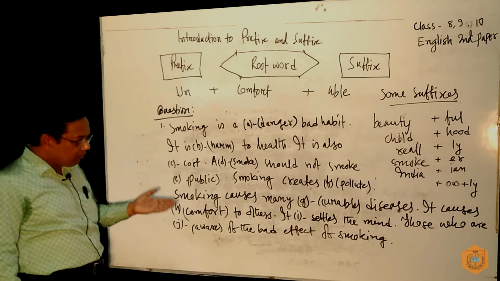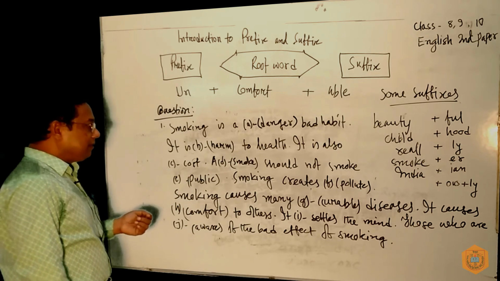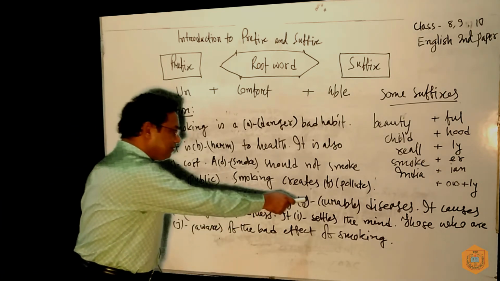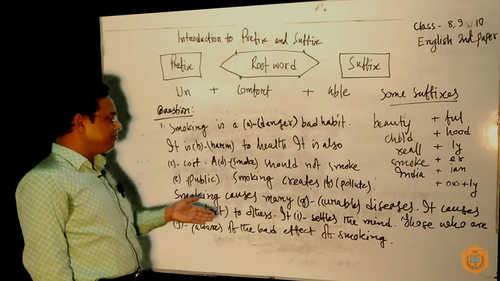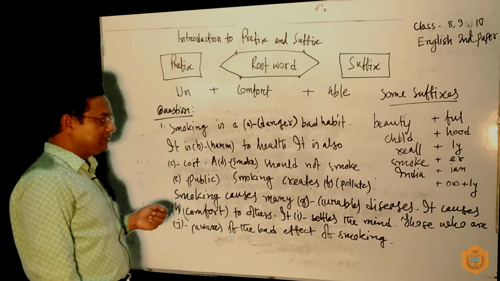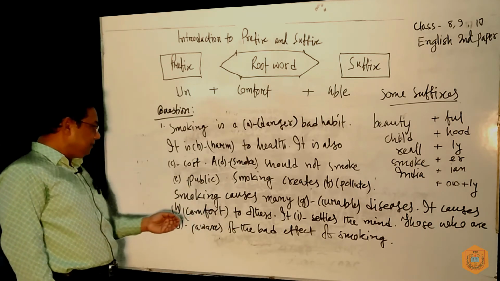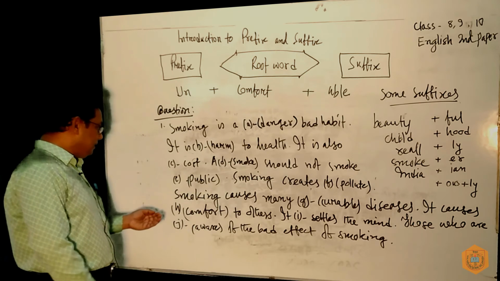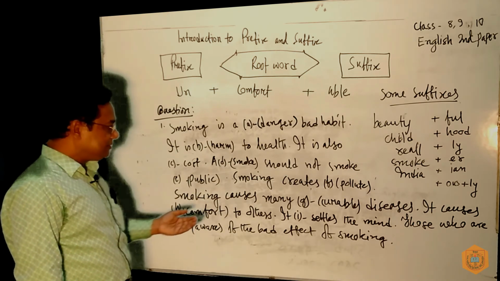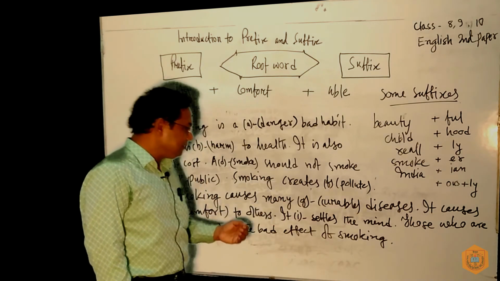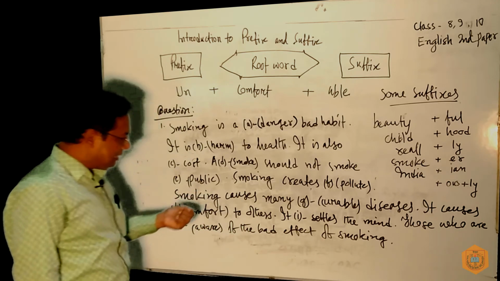Smoking causes many curable diseases. We will answer this curable using prefix, like smoking causes many incurable diseases. It causes comfort to others. So we have to use here uncomfort or discomfort to others. It settles the mind. We shall use here prefix un.